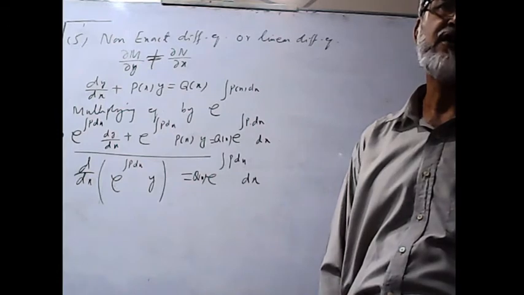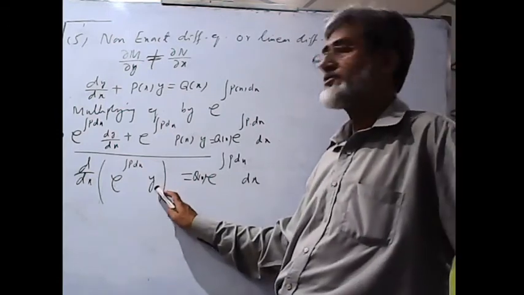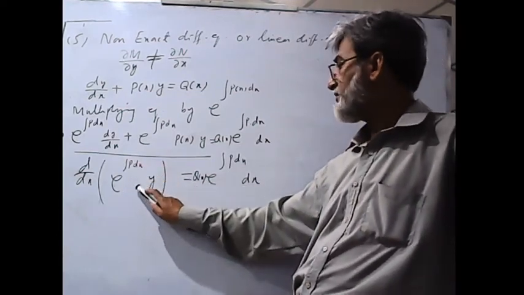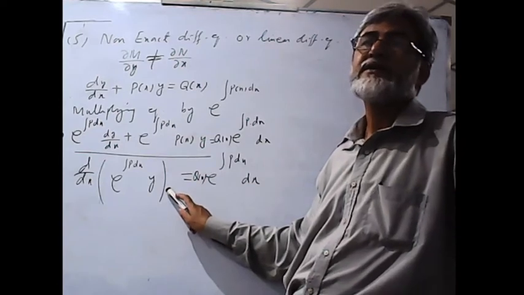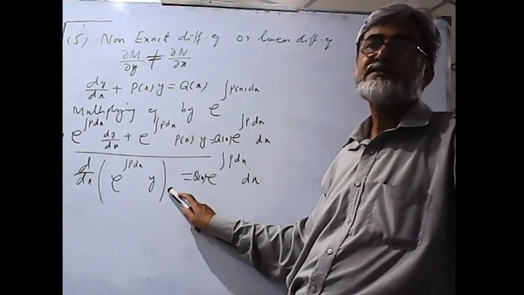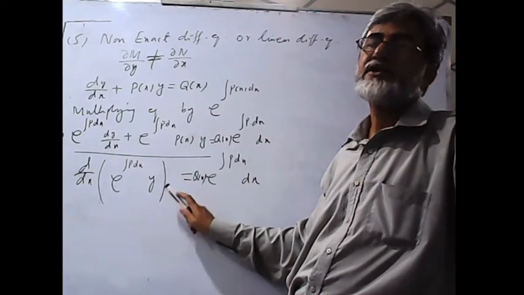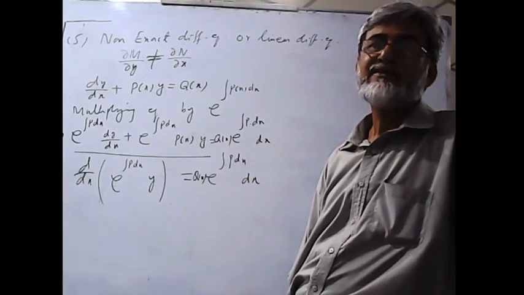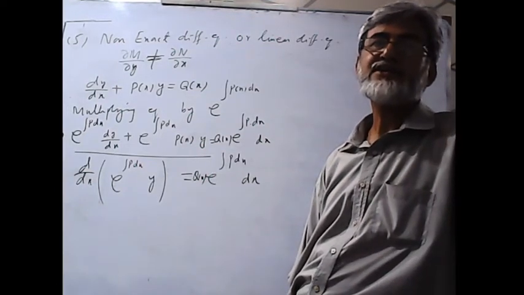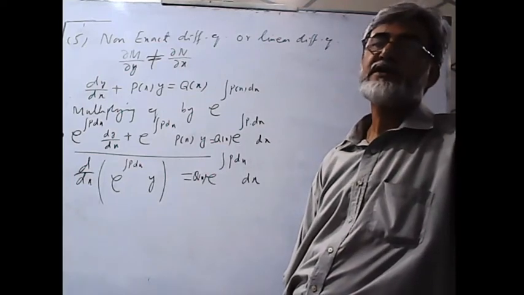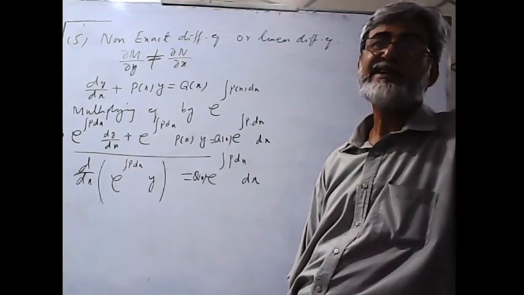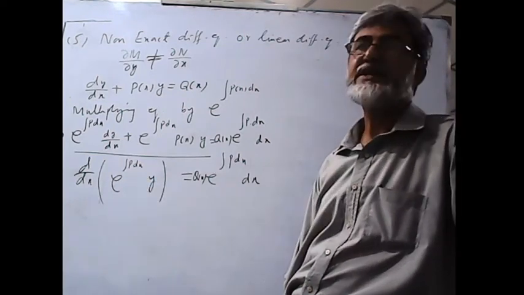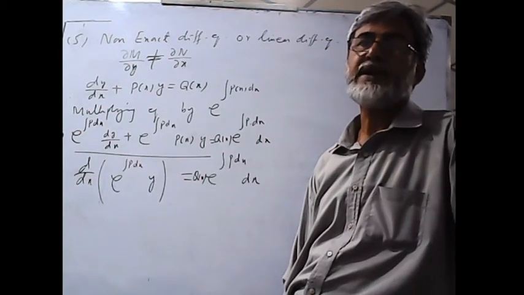Then in this general form we write x instead of y, with the same e to the power integral p dy, multiplying x, not y. V is always the dependent variable. In the case of dy by dx, y is the dependent variable, but in the rare situation of dx over dy, we consider x as the dependent variable. So in general, u is always e to the power integral p dx and v is always the dependent variable.